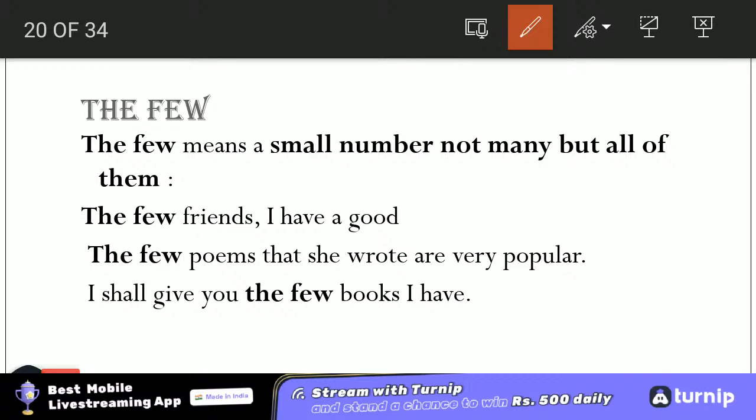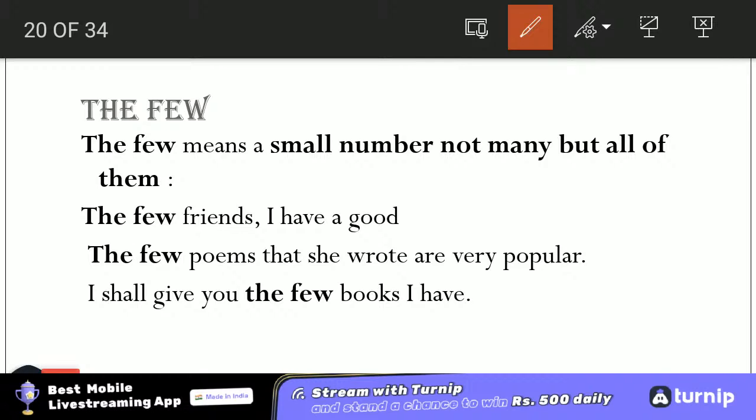The few उस केस में use होगा जब आपके पास कुछ है और वो कुछ भी चला जाता है. For example, मेरे पास कुछ ही अच्छे friends हैं और वो सारे polite हैं, तो the few, कुछ जो मेरे पास हैं. अच्छा, मेरे पास कुछ poems थी और वो बहुत popular हैं. So the few is used for all the things.